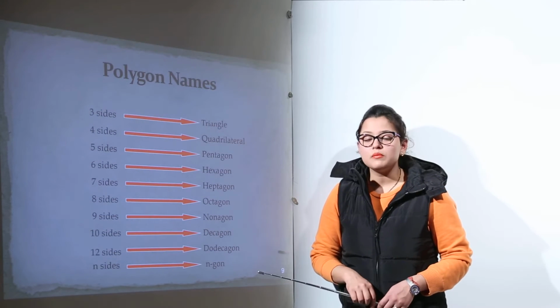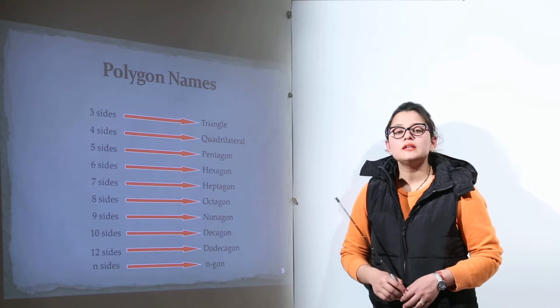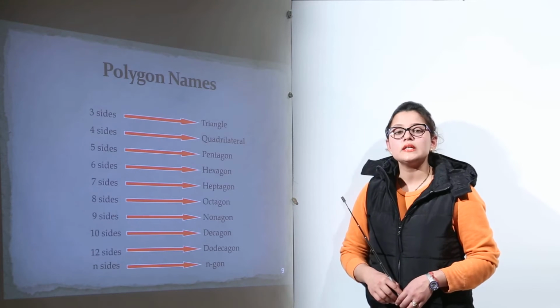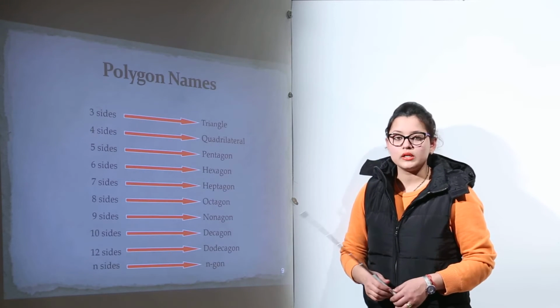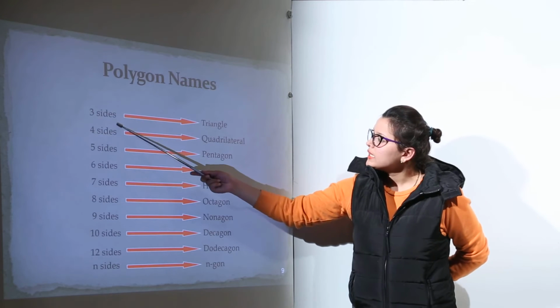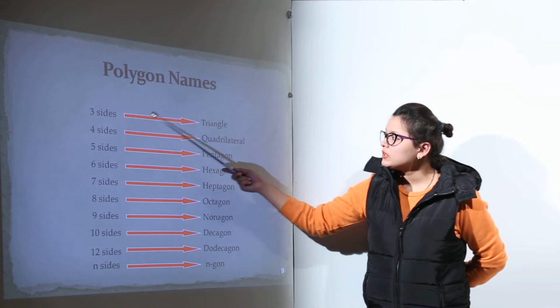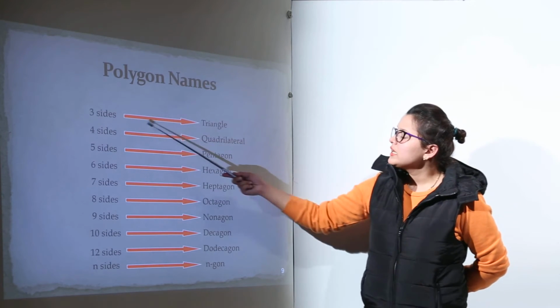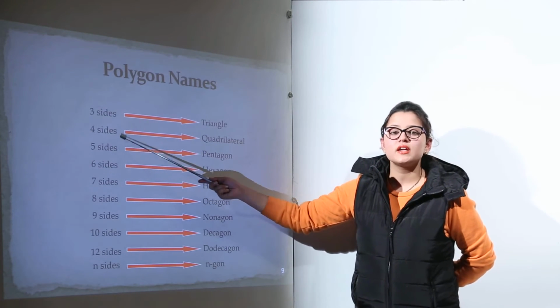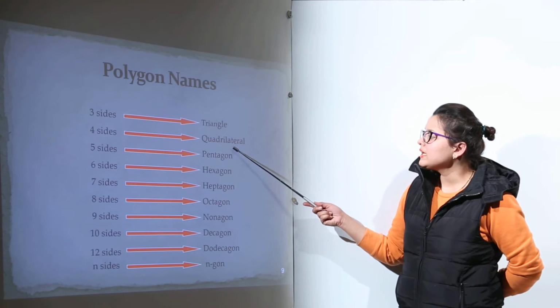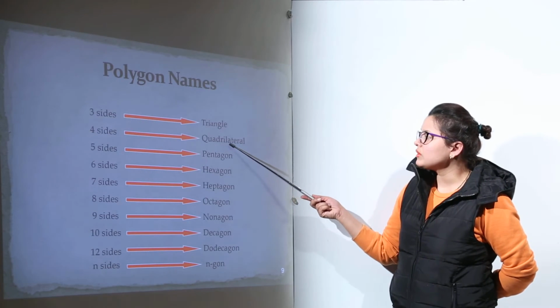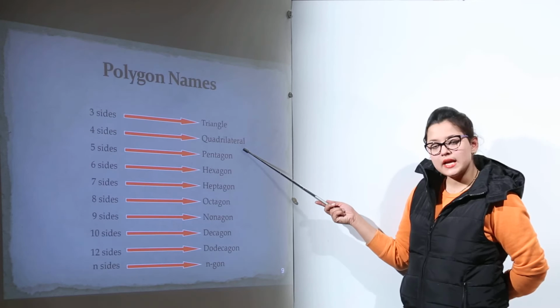Next we have the naming. As I discussed with you, the name of the polygon depends upon the number of sides of the polygon. Over here you can see it has 3 sides. If a polygon has 3 sides, it will be named a triangle. If a polygon has 4 sides, it will be named a quadrilateral. Quadri means 4 and lateral means sides.